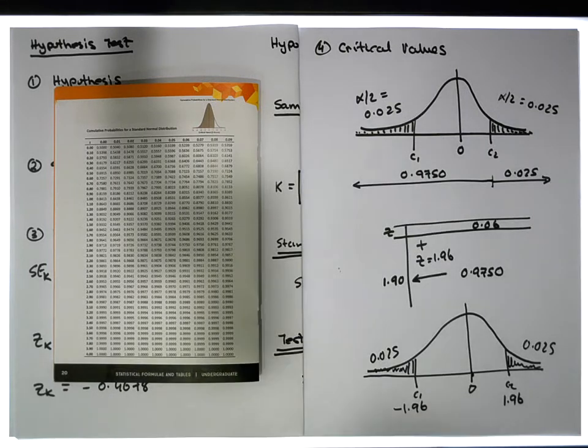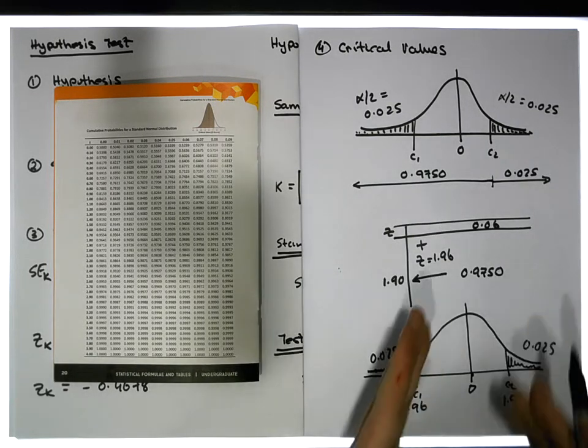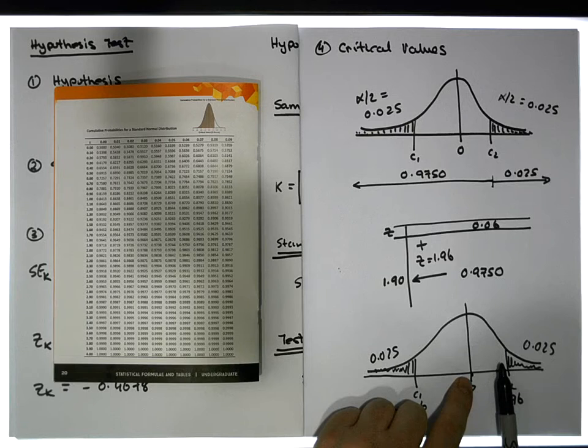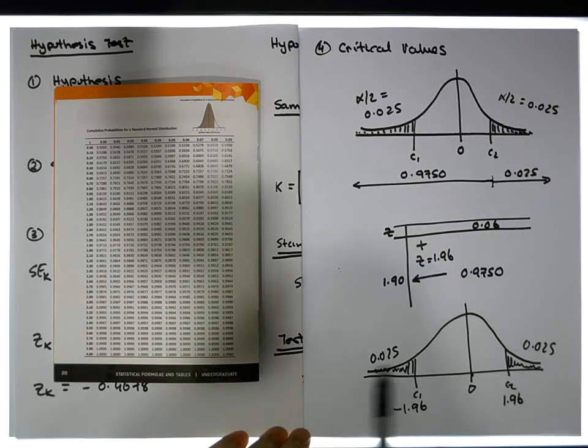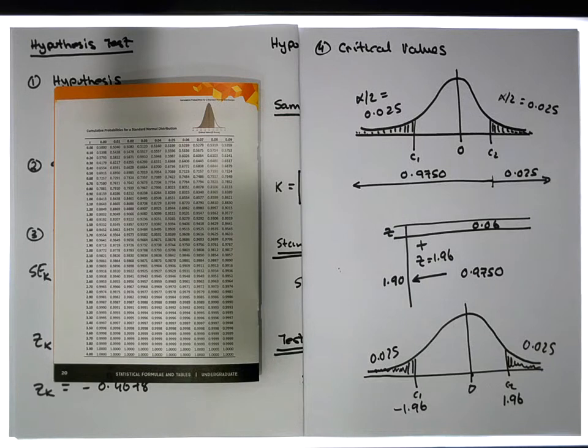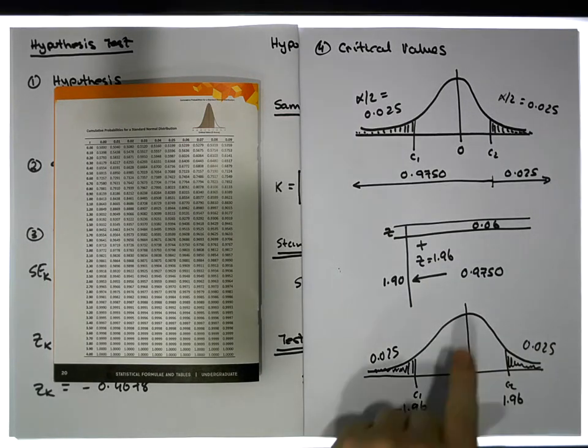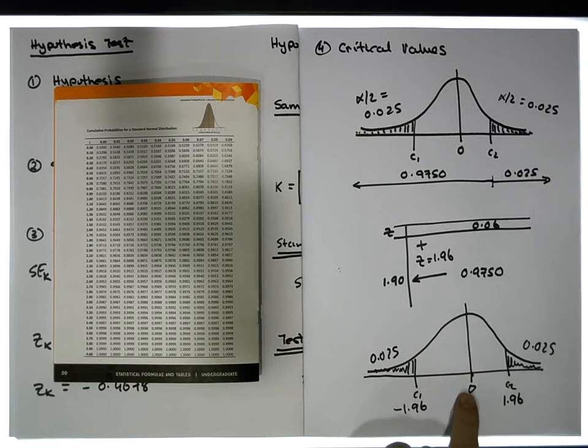Okay. So what these are representing is that if our test statistic is further away to the right than this value, or further away to the left than this value, that's evidence to suggest that our distribution in fact doesn't have 0 kurtosis.